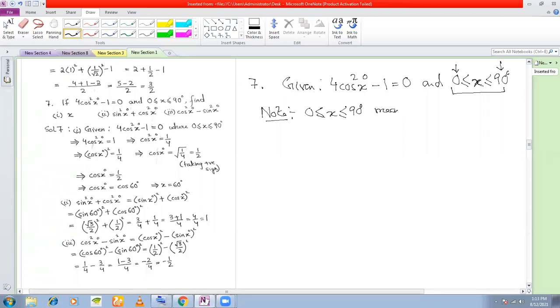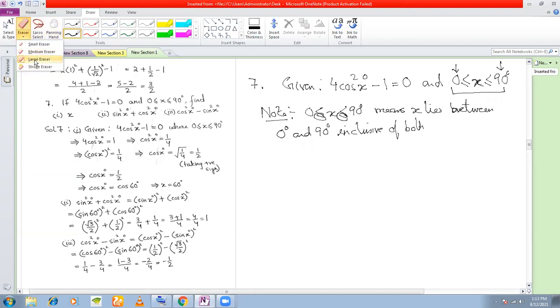It means x lies between 0 degree and 90 degree, inclusive of both. That means x can be equal to 0 and x can be equal to 90 because you have the equality sign here. Okay? Clear with this? This was just a recap.